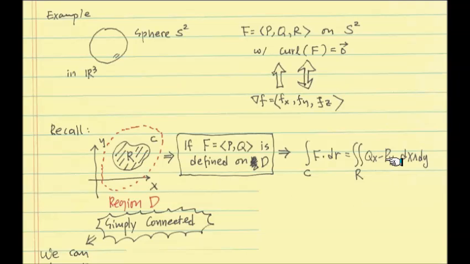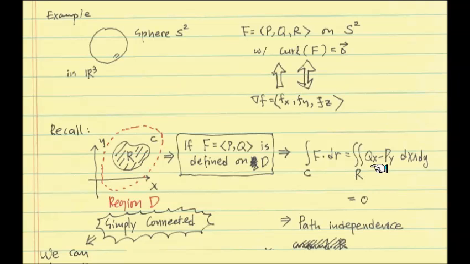It becomes the double integral of this curl, and because we defined the curl as 0, this is 0, so the whole integral is 0. It doesn't matter what curve you choose, by Green's theorem it is always 0. So over any closed curve, this line integral is 0. That's called path independence.